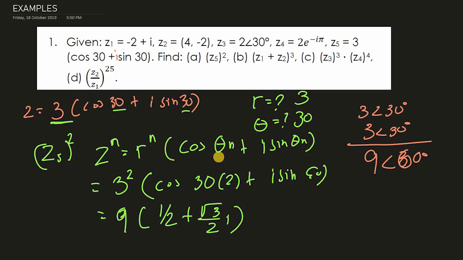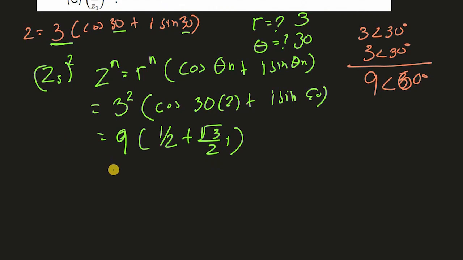Okay. So dito, we will have a solution in rectangular form. Let's distribute terms. That's 9 over 2 plus 9 times square root of 3. That would be equal to 9 square root of 3 over 2i.